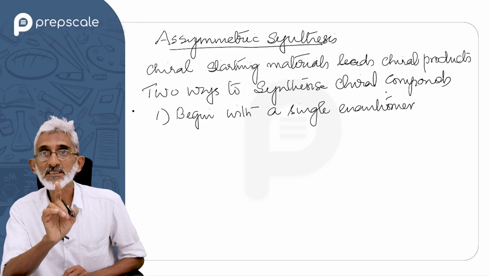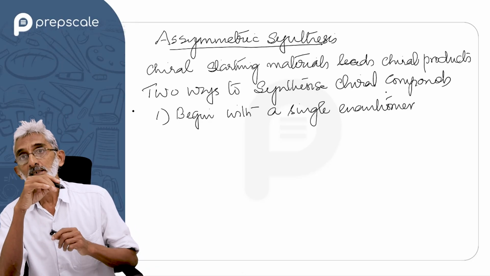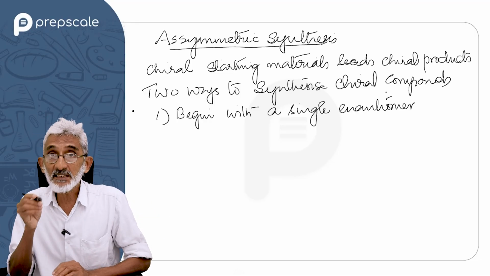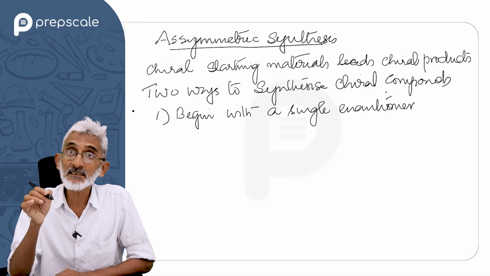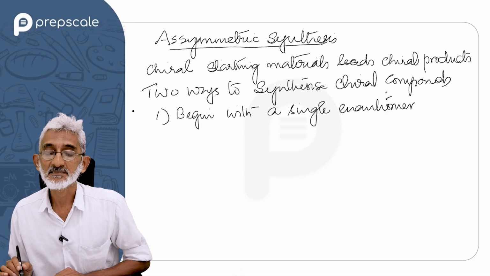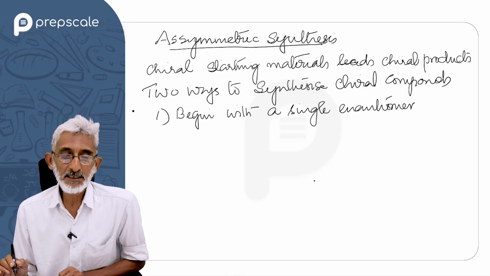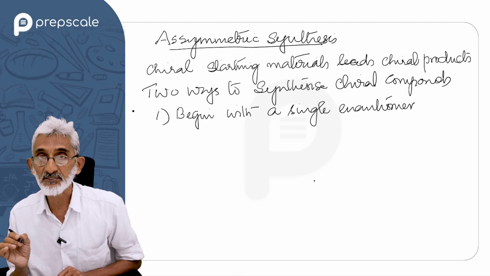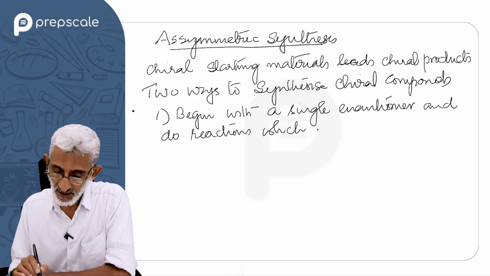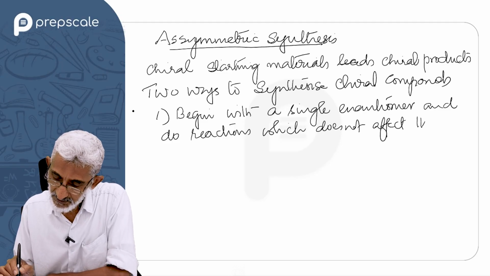Don't disturb the chiral carbon. Don't do any reactions on that. If by chance you are doing that, there is every chance that it may get racemized. So this chiral carbon will direct or control the reaction on other sites. So begin with a single enantiomer and do the reactions which do not affect the stereocenter.